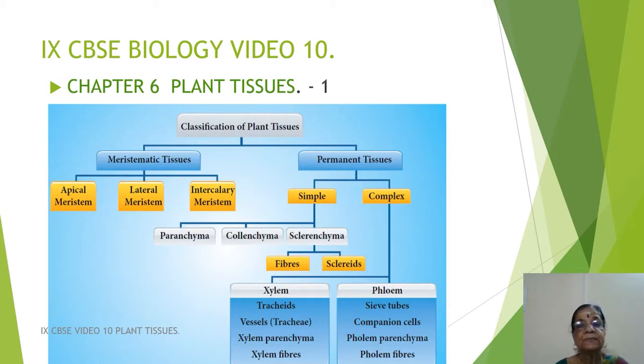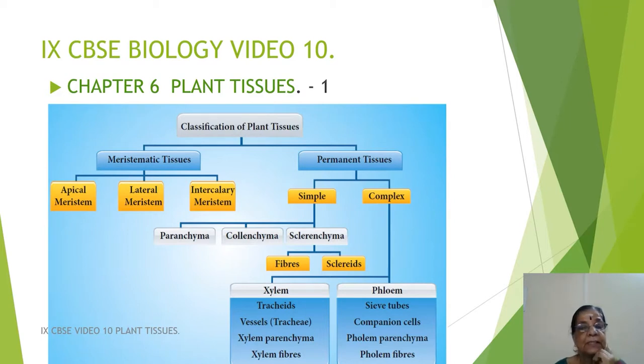Right? Classification of plant tissues. It is as meristematic tissue and permanent tissues. Now meristematic tissues are further classified into apical meristem, lateral meristem and intercalary meristem.